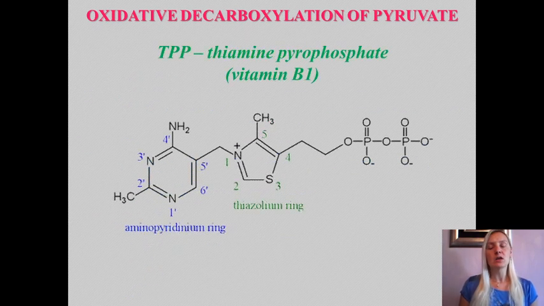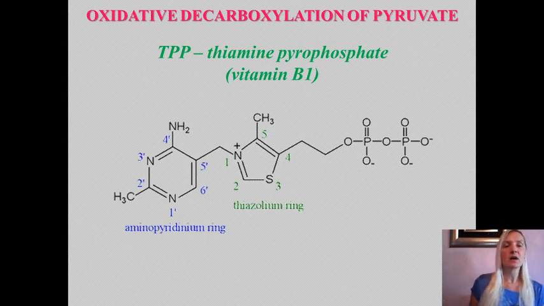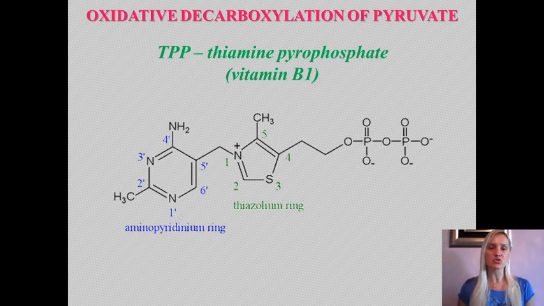Before we move on with the pathway and the reactions, let's just remind ourselves in brief about these coenzymes and their structure. So TPP, thiamine pyrophosphate, is synthesized from vitamin B1, containing an aminopyridinium ring and a thiazolium ring, and this is the carbon atom of interest.